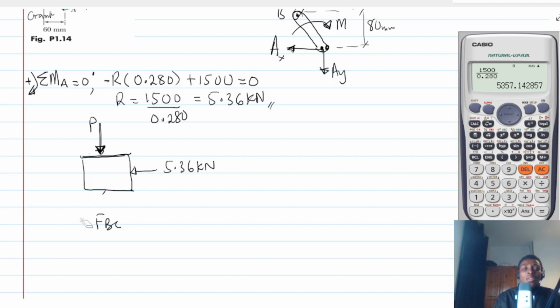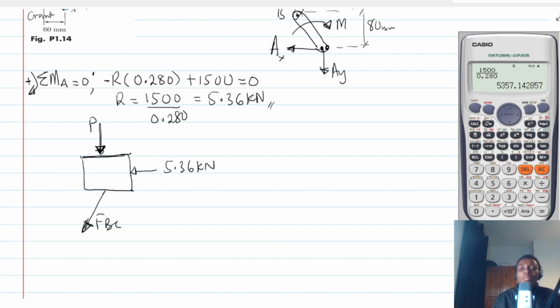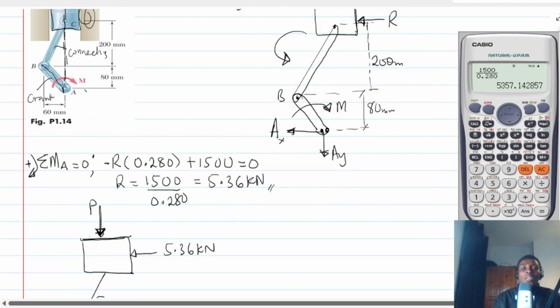Okay. So again, I will use equilibrium to solve for FBC. Now to get FBC, or okay, let me do it this way. So I want us to solve this.